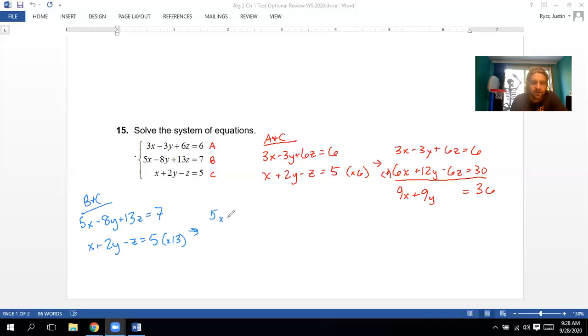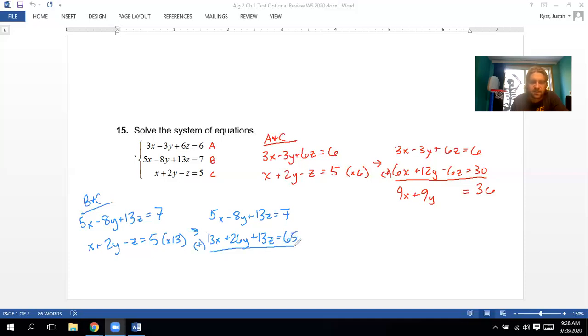So we've got 5x minus 8y plus 13z equals 7. And the bottom, timesing it by 13, it'd be 13x plus 26y plus 13z equals, okay, 5 times 13 would be 65.